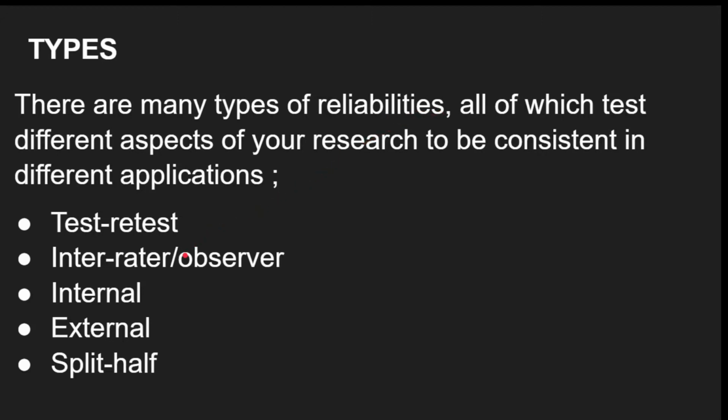Inter-rater slash inter-observer reliability. Again, they're similar things but for different types of research. Inter-rater typically refers to when two scientists or two psychologists are grading a certain piece of data, right?